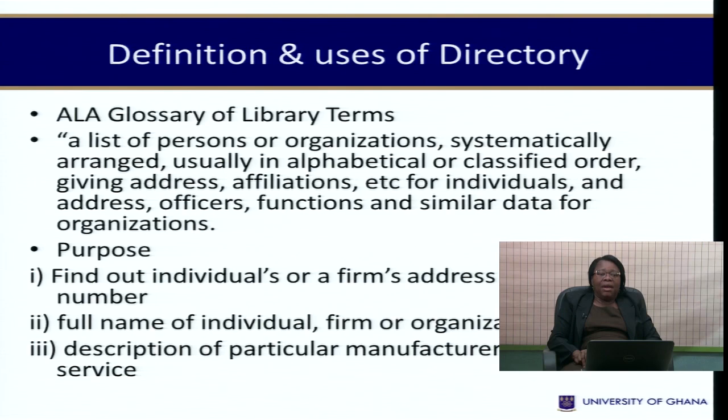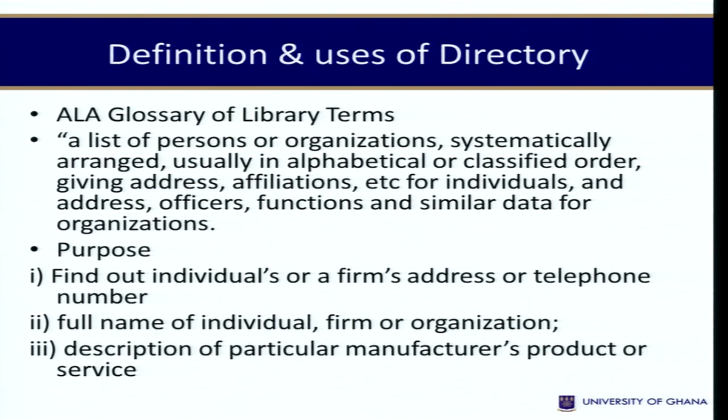Now, you'd use a directory to find out an individual's address or telephone number, or you use a directory to find out the full name of an individual or a firm or even an organization, or even you want to know the particular manufacturer's product or service. Directories are very useful and they give you handy information.